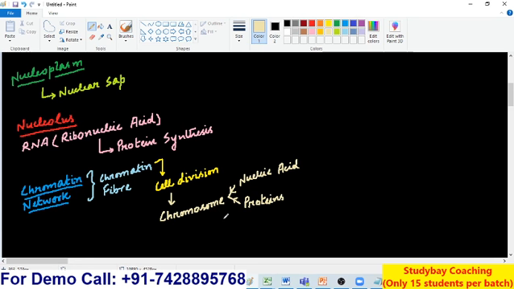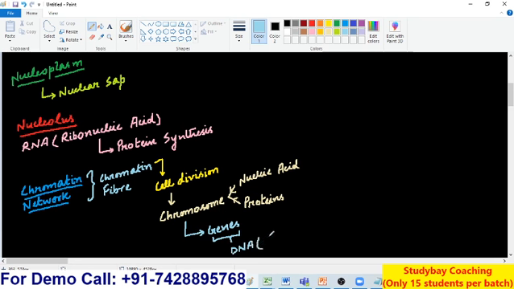And they bear the genes which are made up of DNA. So all the genes which transfer from one cell to another cell during the cell division are present in the chromosomes only. So these carry the genes, and these genes are made up of DNA. Now what is the full form of DNA?